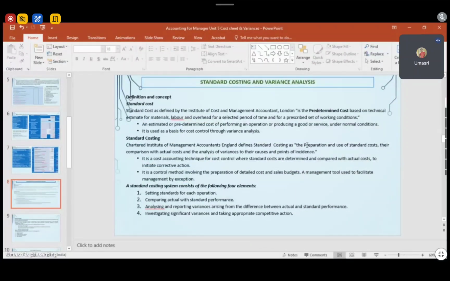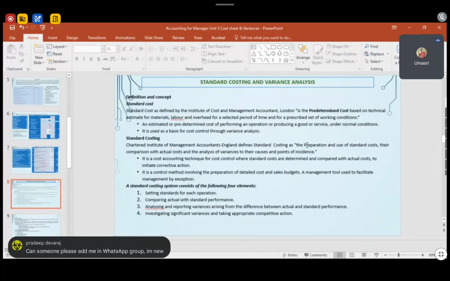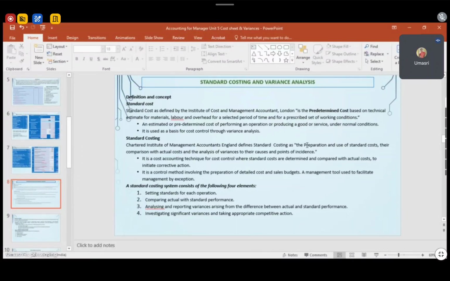Okay. So tomorrow we will do standard costing and variance analysis. Standard costing and variance analysis can be used as a technique or tool in both management accounting as well as cost accounting. There are many variance analyses: material, labor, overheads fixed as well as variable cost, then sales variances.